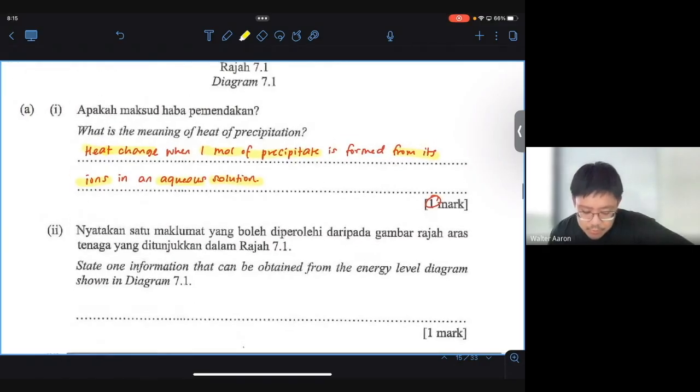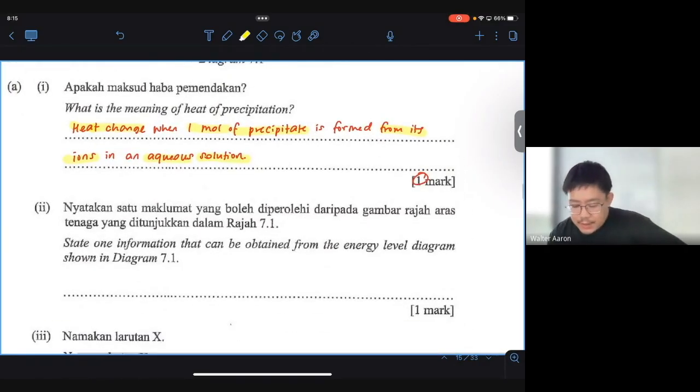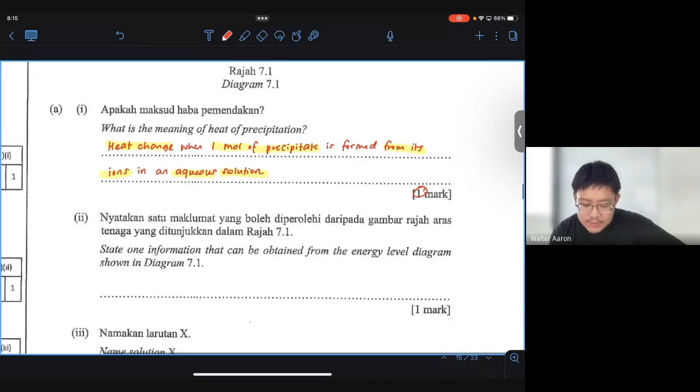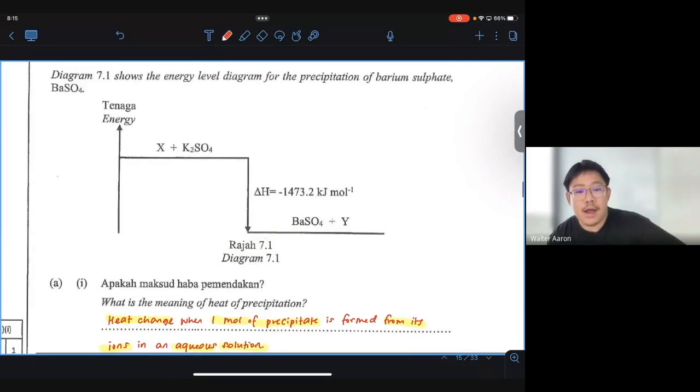All right, then A2 here, state more information that can be obtained from the energy level diagram shown in 7.1. One of the things that we can see in this energy level diagram is the heat of precipitation, which is 1,473.2 kilojoules per mole.